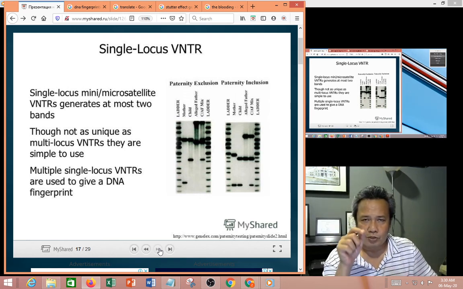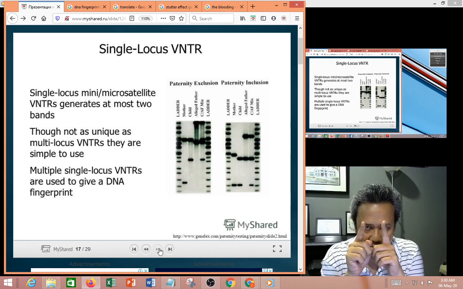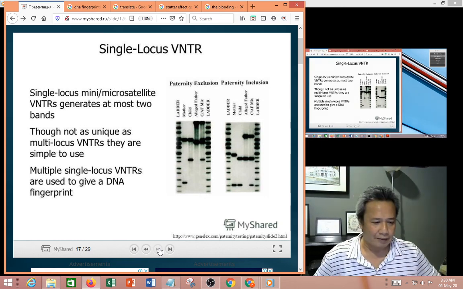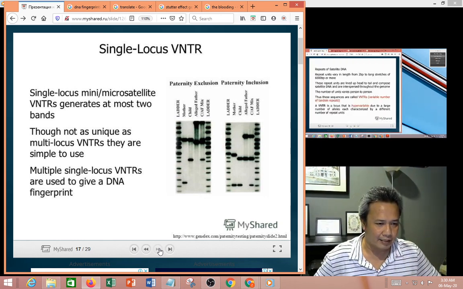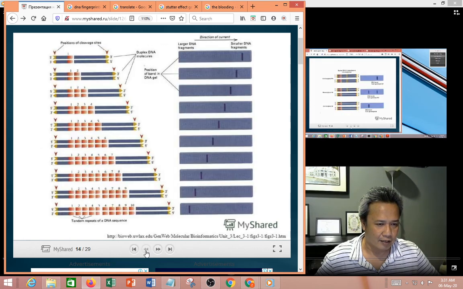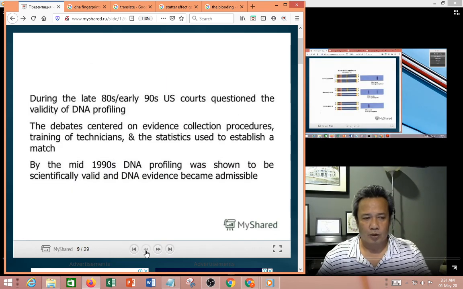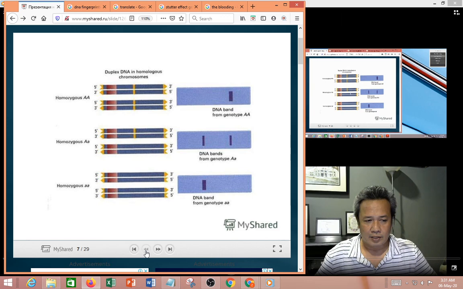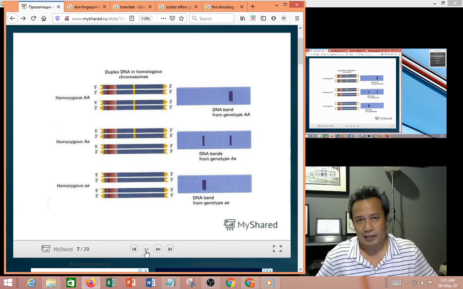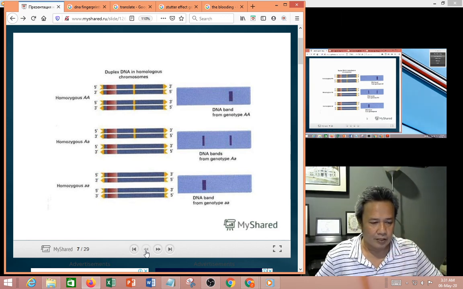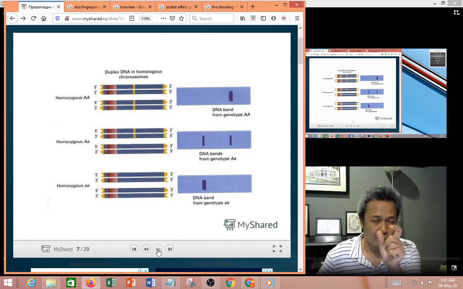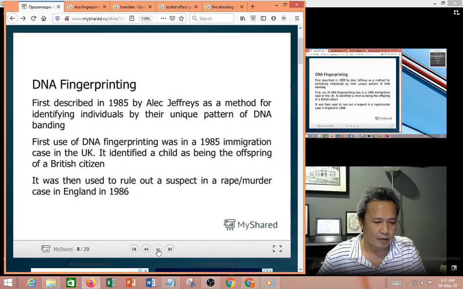That means you zoom in on one site, so you get this kind of result. You're either homozygous or heterozygous, or homozygous on the other allele. So this is one locus, because you use probes that are only detecting one region. Okay.